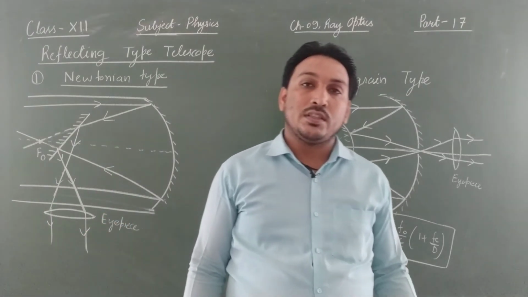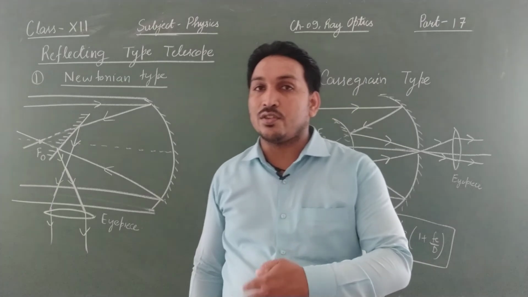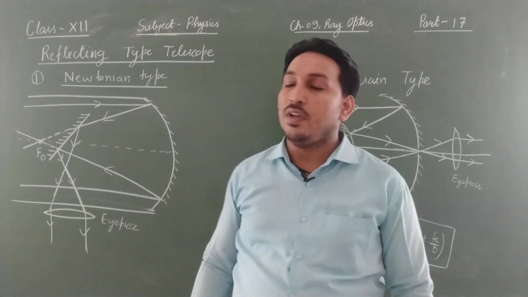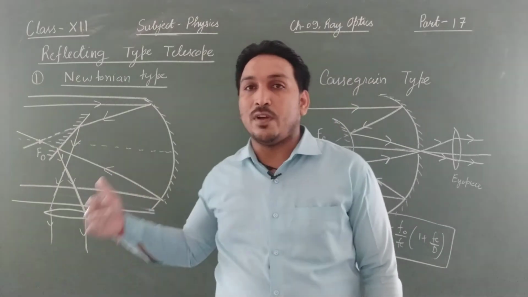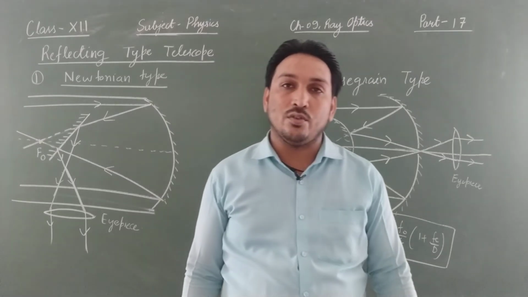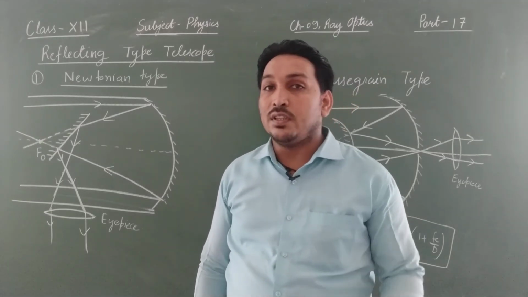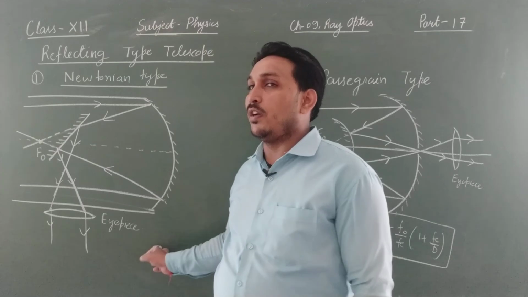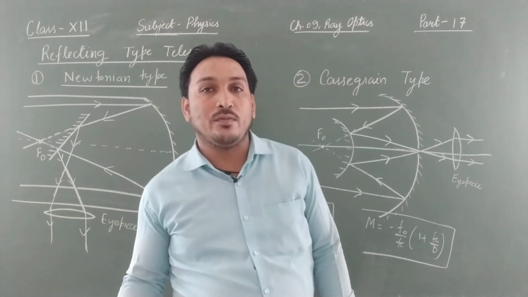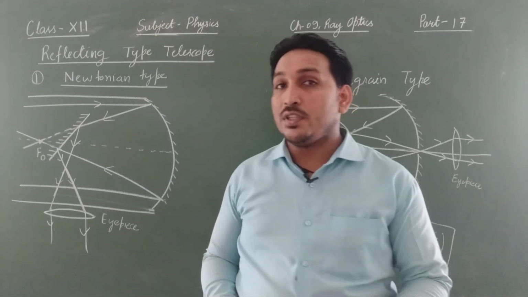The third thing is the manufacturing cost of a reflecting type telescope is far less than that of a refracting type telescope. And the fourth one is that the resolving power of a reflecting type telescope is more than that of a refracting type telescope. What is resolving power?